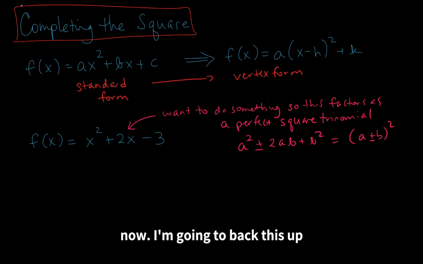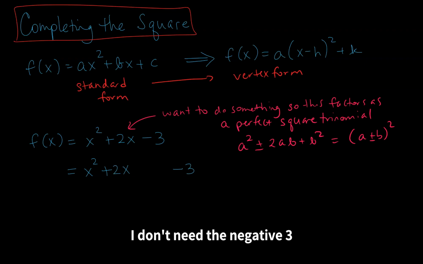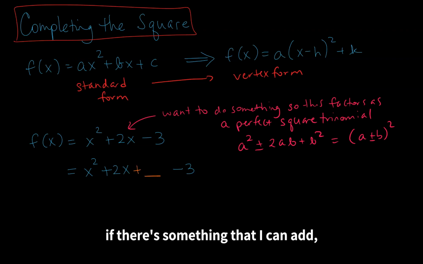I'm going to back this up just a little bit, and let's look at our original function, x squared plus 2x minus 3. The first thing I'm going to do is move that minus 3 far over. I don't need the negative 3 right now. It's just going to hang out on the side. But I do need to figure out if there's something that I can add so that x squared plus 2x plus what I add will factor as a perfect square trinomial.